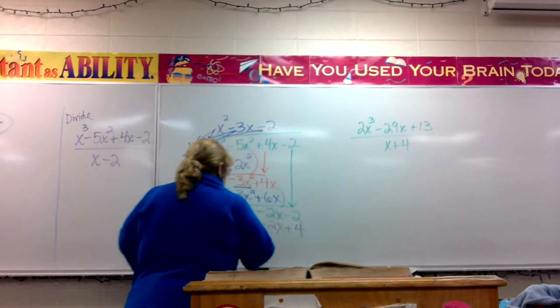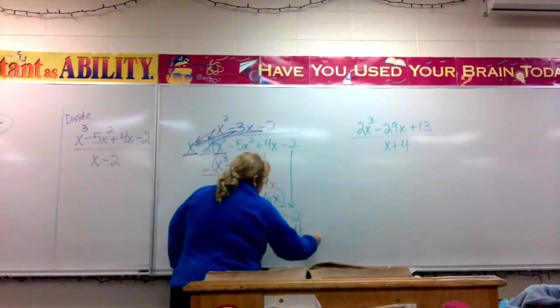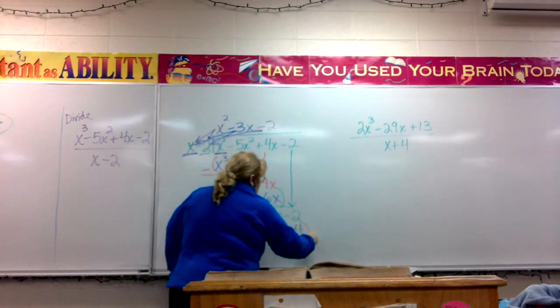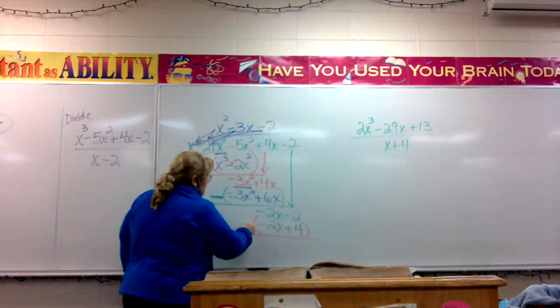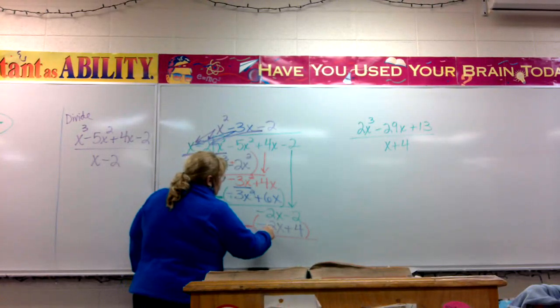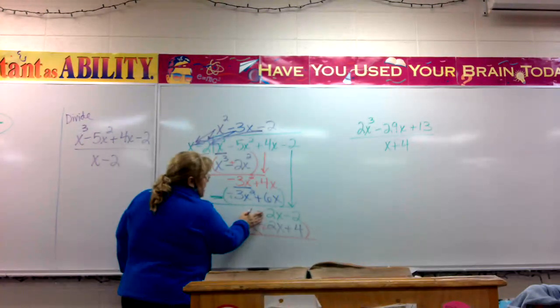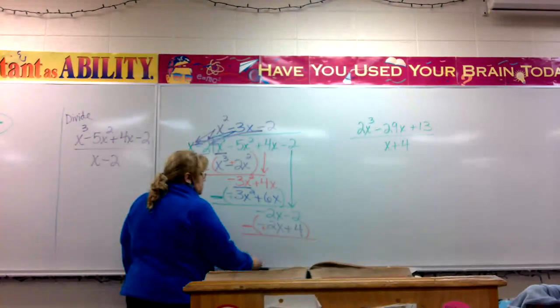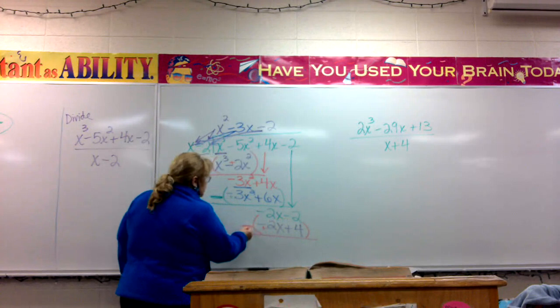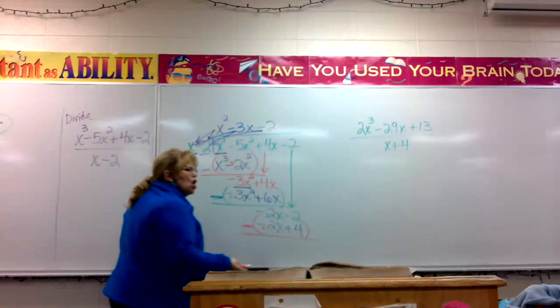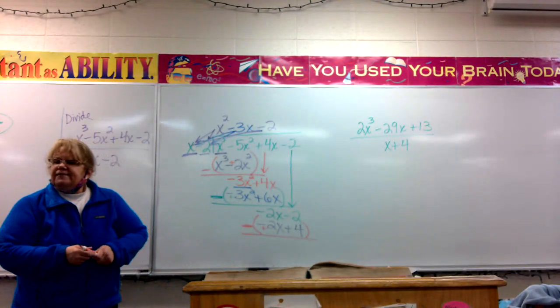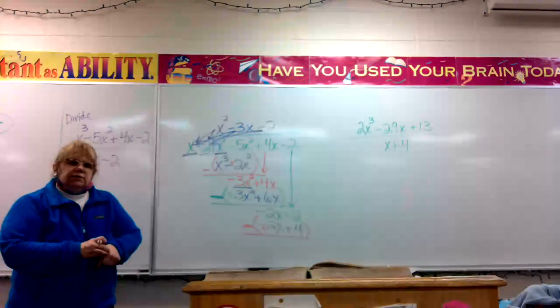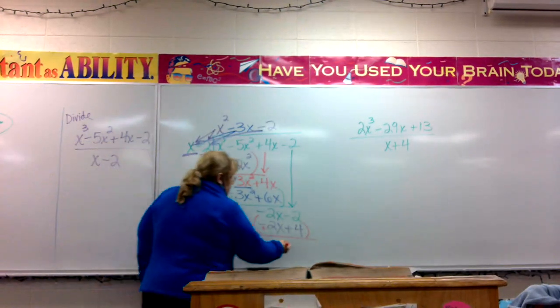Subtract. And I have to remember I'm subtracting all of that. I'm subtracting negative, so really that's like adding. Negative 2x plus 2x drops out. Negative 2 take away 4. Negative 2 minus 4. Negative 6.